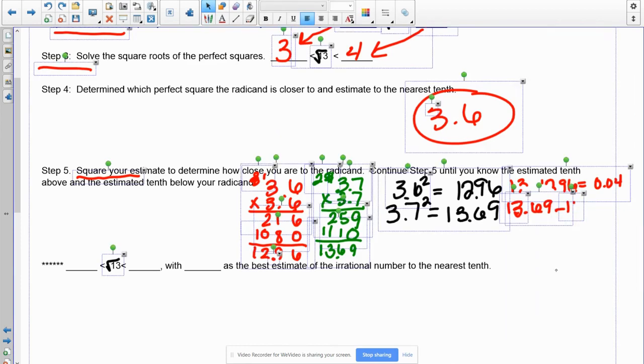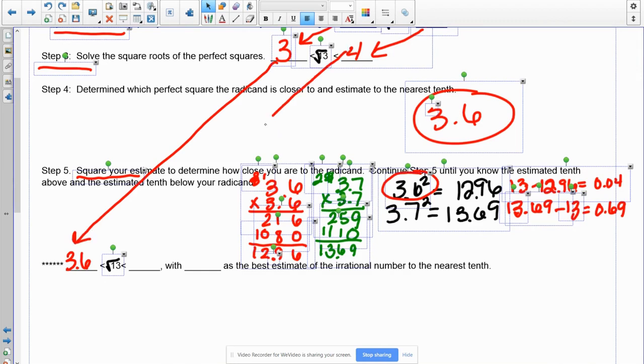My computer's going wacky on me, so I'll put that back up here. Okay, so I have 4 hundredths and 69 hundredths. Well, mathematically, of course, the 4 hundredths is a smaller value, which means that 3.6 is the closer estimate. So we're just going to fill in this last line here. So we had 3.6, and notice that we keep making this even more detailed.